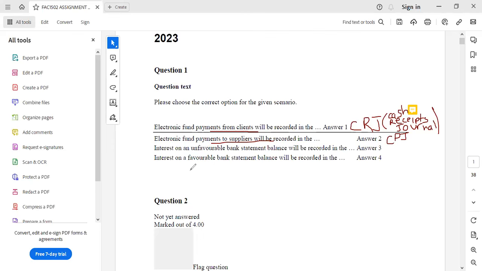Then interest on an unfavorable, or maybe let me do this.